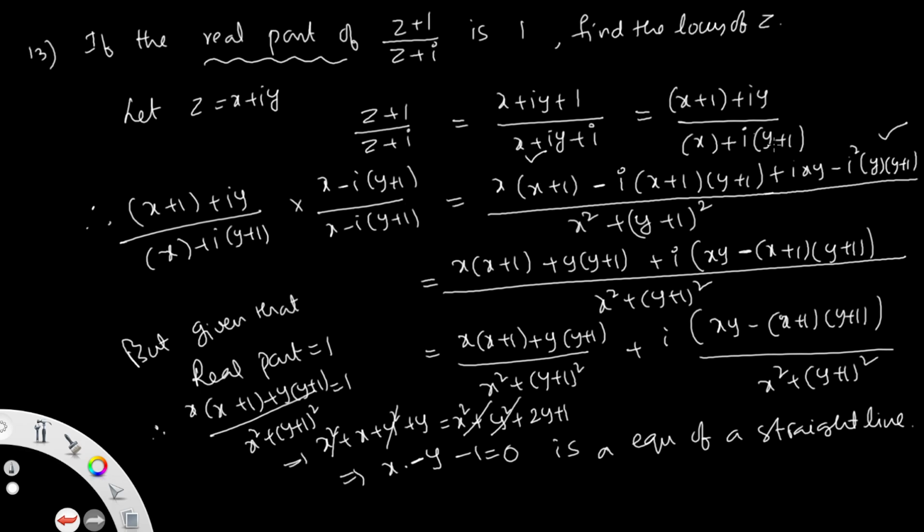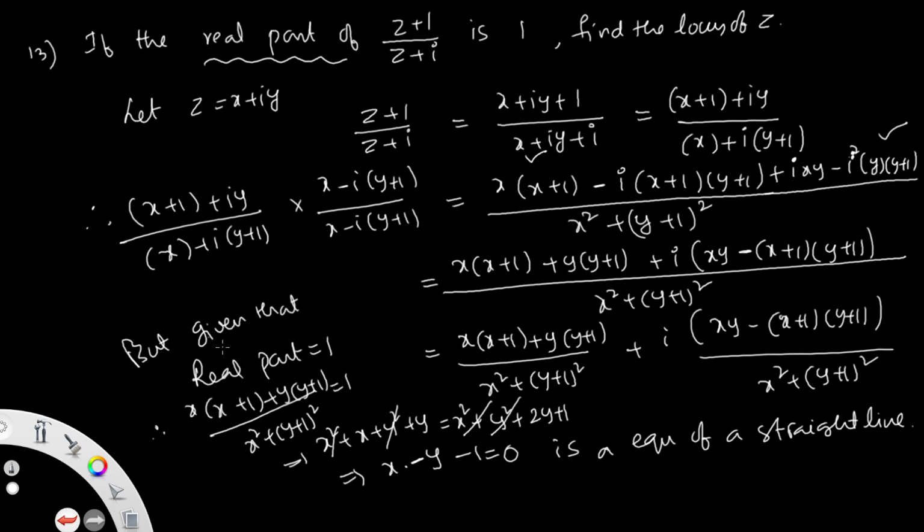With general multiplication, x into (x plus 1) minus i into (x plus 1) into (y plus 1), and the remaining term i into xy, that is ixy, minus i square into (y plus 1), where i square is minus 1. The terms without i form the real part. Make the real parts separate and take i common in the imaginary part, that is i into (xy minus something), divided by x square plus (y plus 1) whole square.